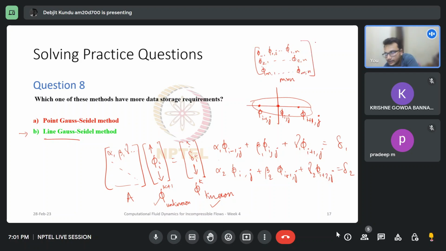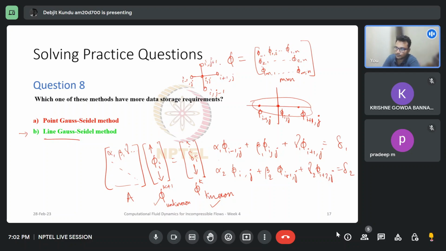So let's say in the point Gauss Seidel method, we maintain only one matrix like this. At each iteration, let's say we have to find out the value at the i, jth point, we will simply use the values at these 4 points: i minus 1 comma j, i plus 1 comma j, i comma j minus 1, i comma j plus 1.